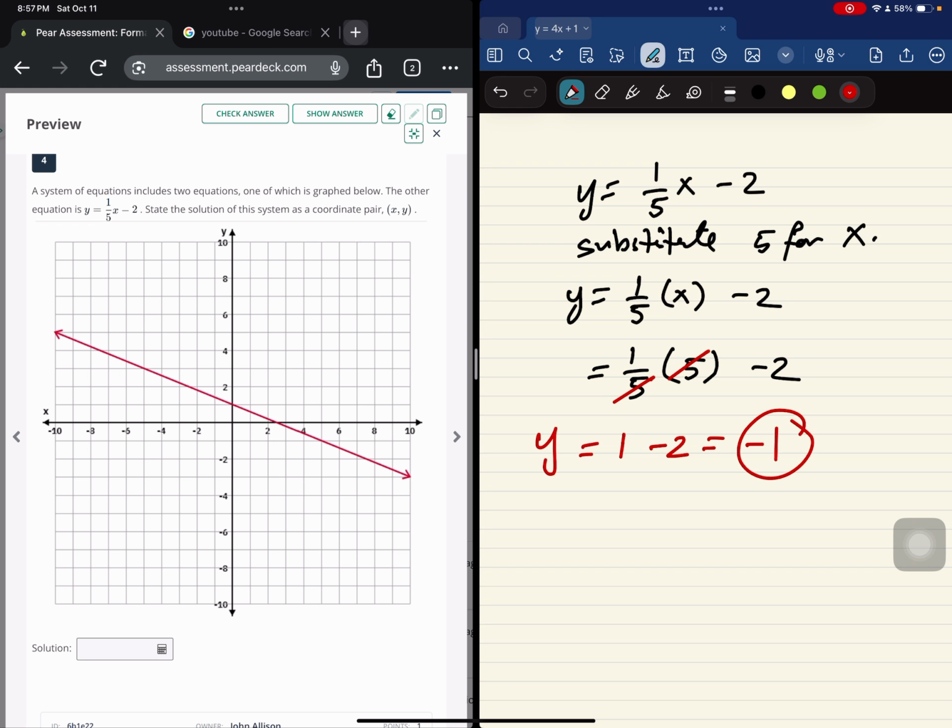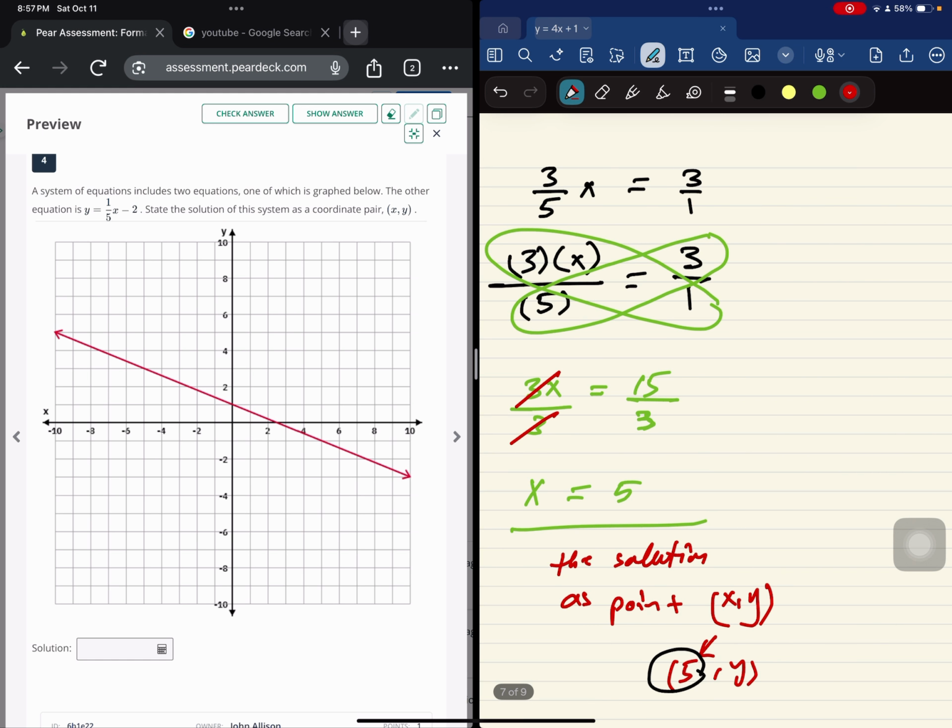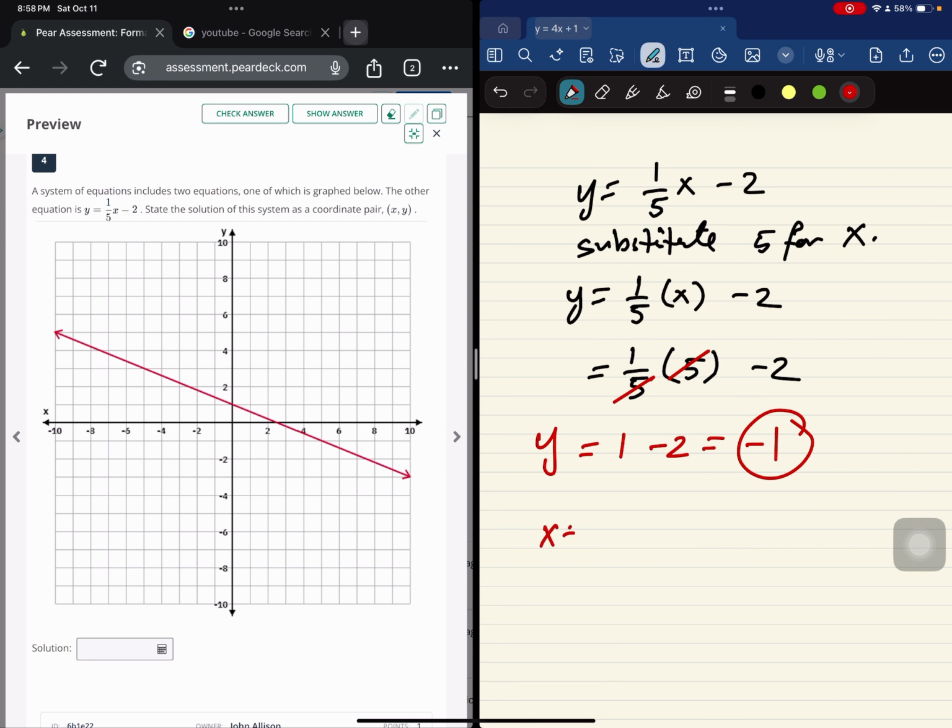So y is equal to minus 1, but remember that x is equal to 5. The point is (x, y), so we substitute x as 5 and y as negative 1. So the point will be (5, -1).